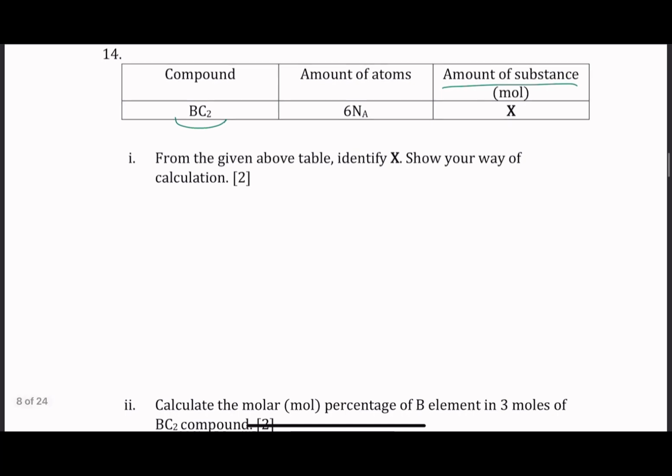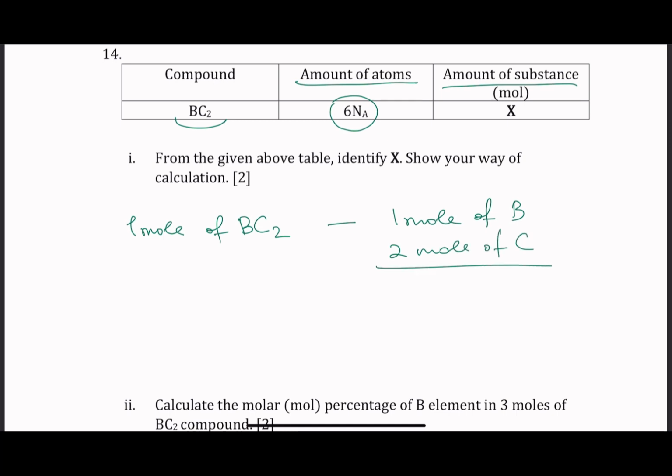You've got 6 times the Avogadro amount of atoms. So if I have 1 mole of BC2, I've got 1 mole of B and then 2 moles of C, right? So altogether it would be 3 moles of atoms. Do we agree? I hope you agree again.